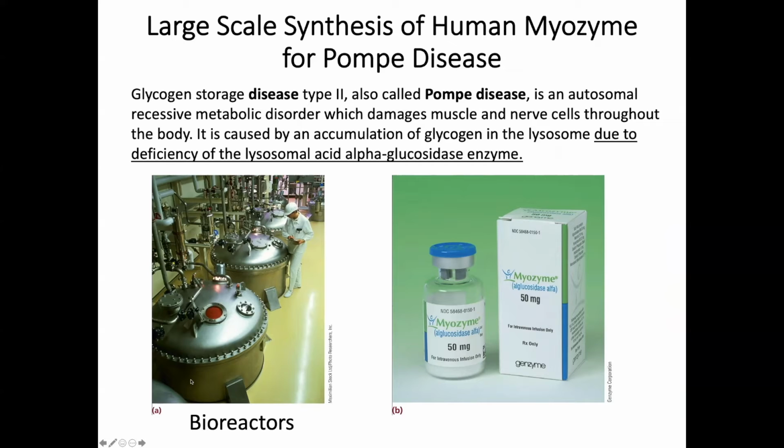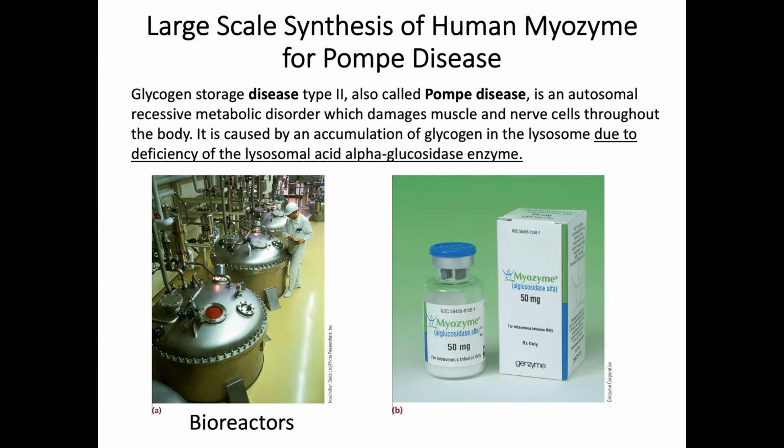One of the proteins produced in bioreactors is named Myozyme. Okay, the Myozyme is used to treat Pompe disease. Pompe disease is also called glycogen storage disease type 2. It is an autosomal recessive metabolic disorder which damages muscle and nerve cells throughout the body.